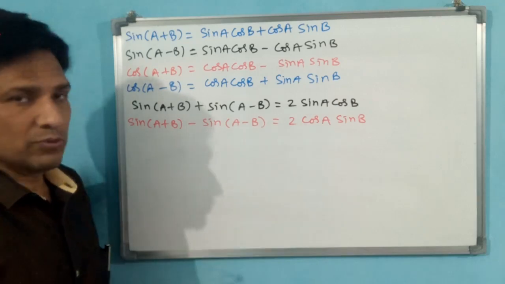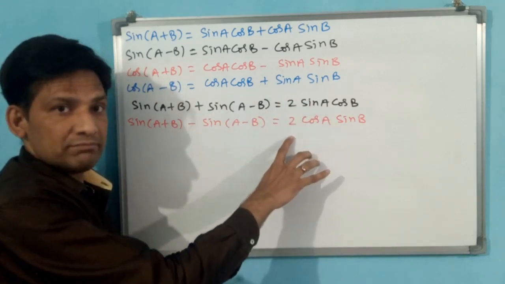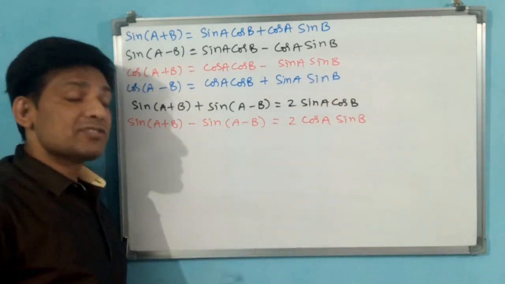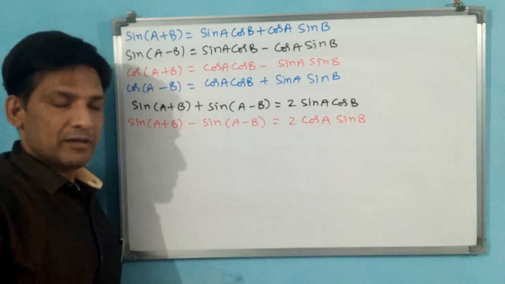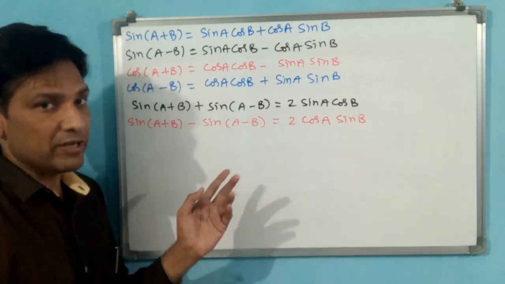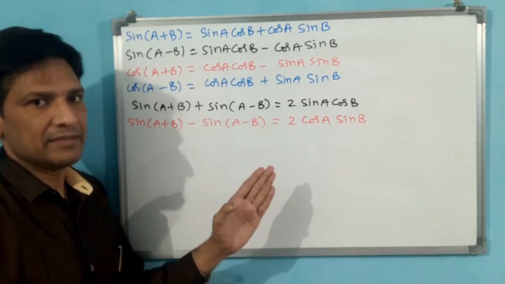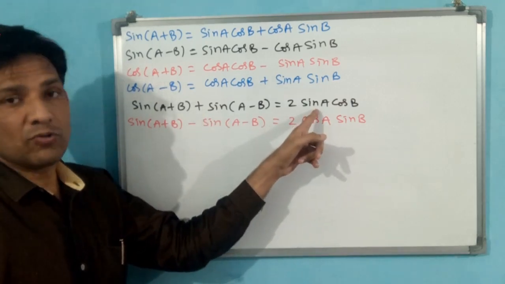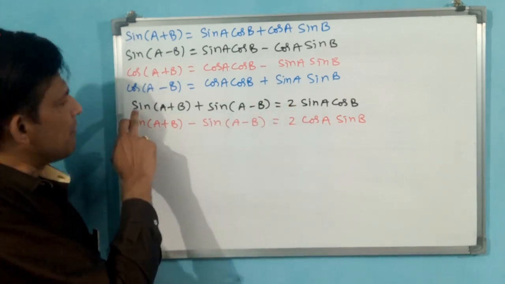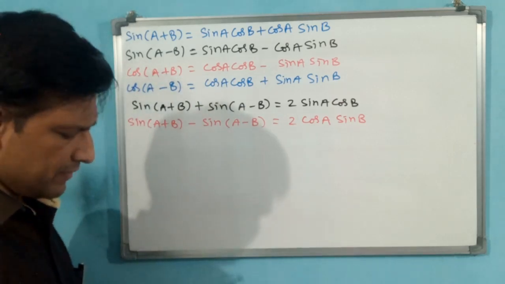In a practical situation, cos 3x sin 4x will come; then sin 4x is sin a cos b, because 4x is bigger. That is equal to 1 by 2, this 2 will come this side, 1 by 2 into sin of a plus b plus sin of a minus b. Like that you have to write this formula.